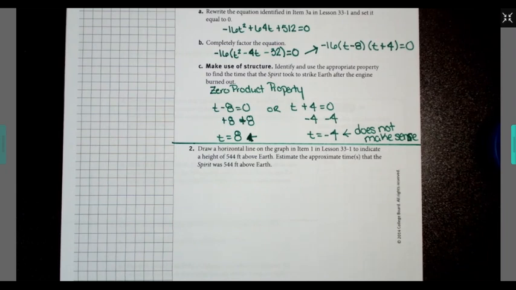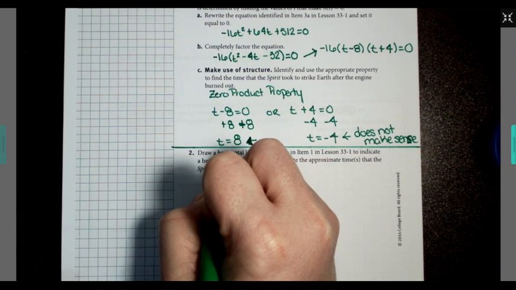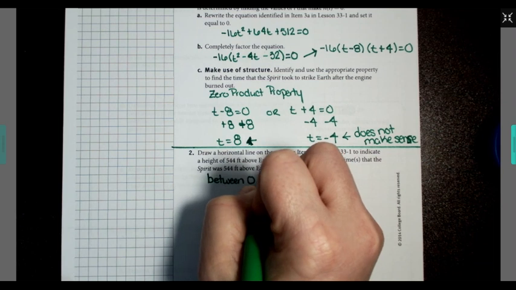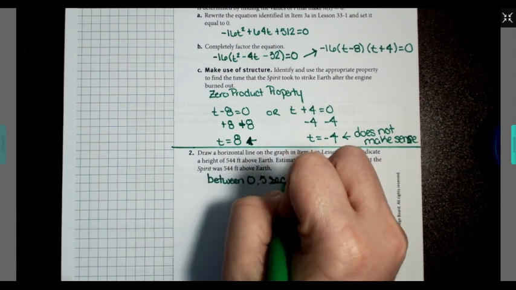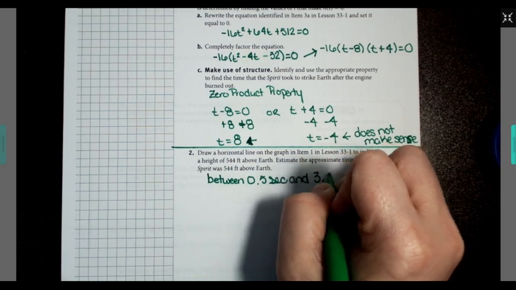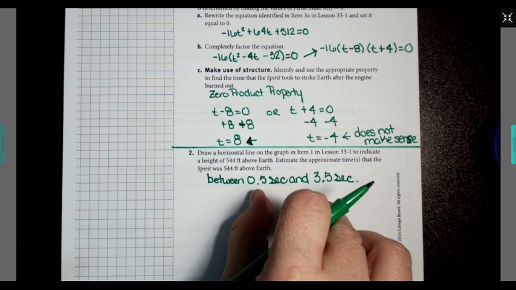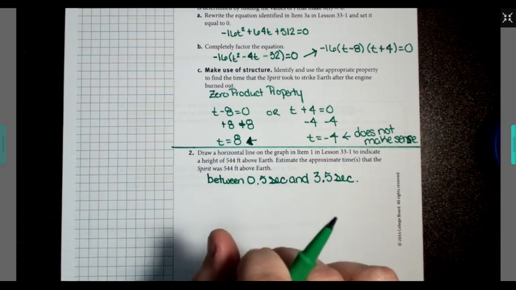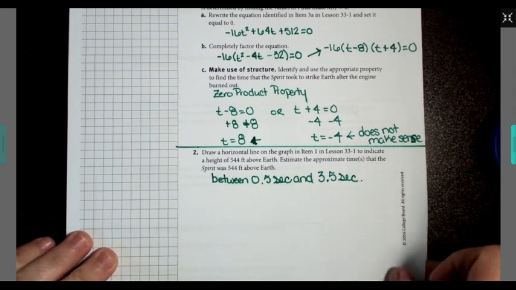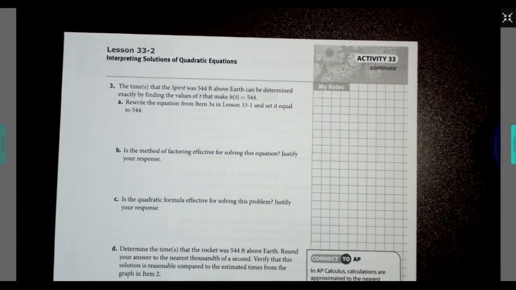I would say between 0.5 seconds and 3.5 seconds. Because all between that time, it is above that line, or it's higher than the line. Let's take a look at question 3.